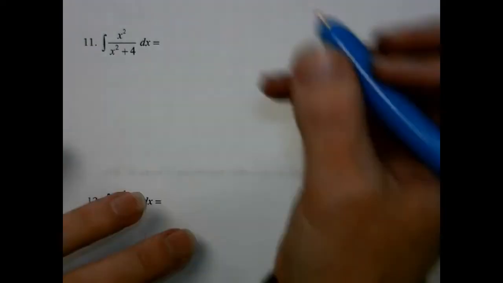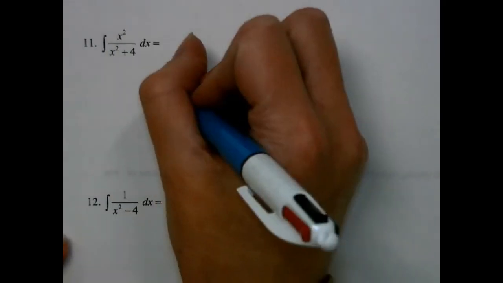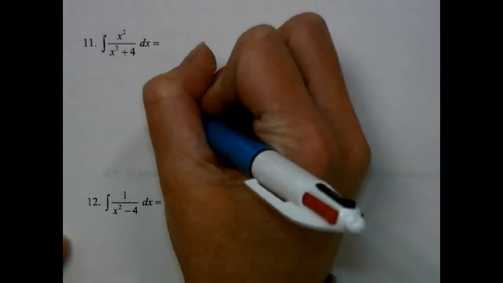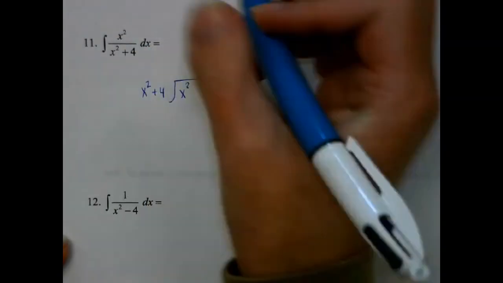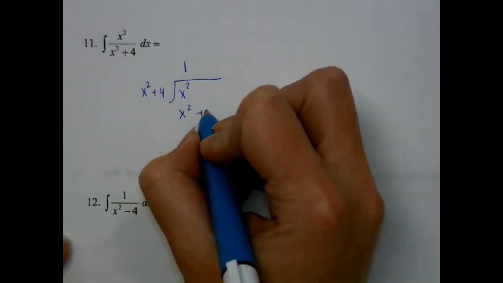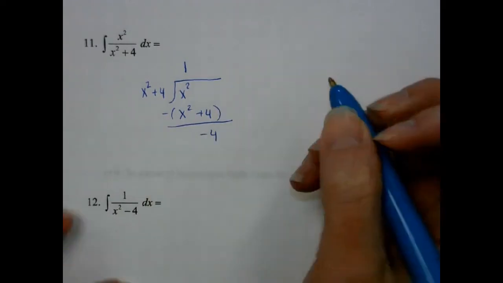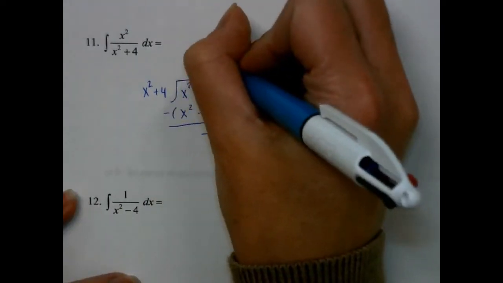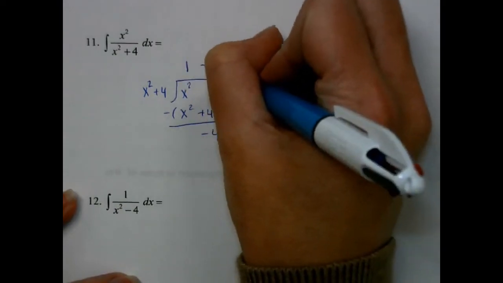In this next one, when the degrees are the same, we need to use long division to simplify it. So we're going to take x squared and divide it by x squared plus 4. So 1, and then multiply down x squared plus 4. Then subtract, so we get negative 4. So we have a remainder of minus 4 over x squared plus 4.